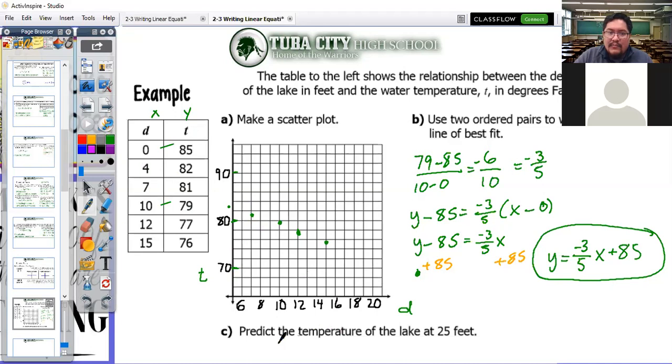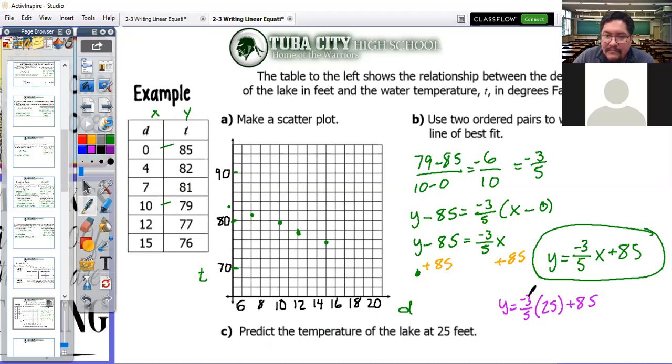So to predict the temperature of the lake at 25 feet, let's plug in x as the depth of 25. So y equals negative 3/5 x, but we know that this is going to be 25 plus 85. So now we will know the temperature. We will know the y if we can plug this in.